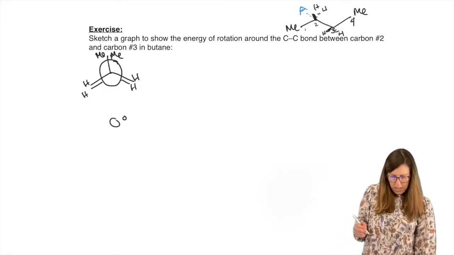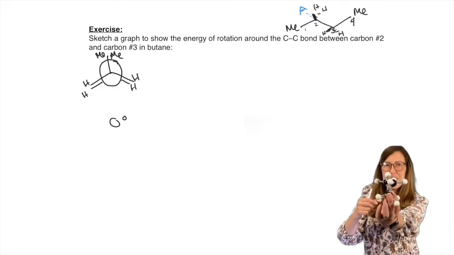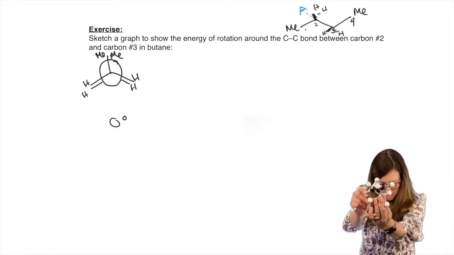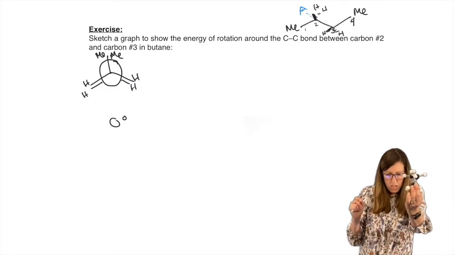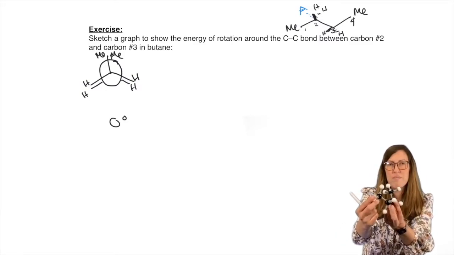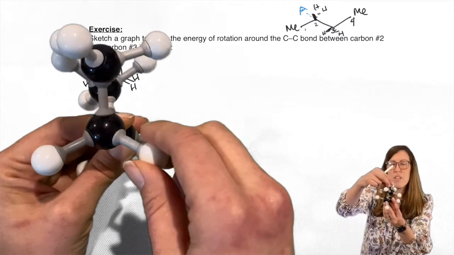Then take your model and do this with me. So we have the methyls together, 0 degrees. Now we're going to rotate. Just for fun, I'm going to rotate the front this time, because you can do that too. You can also rotate this way.